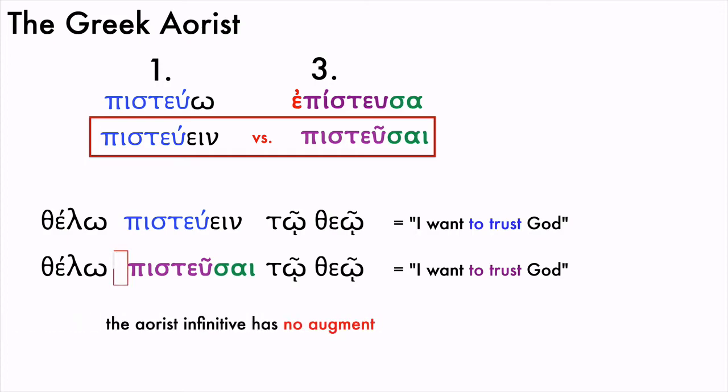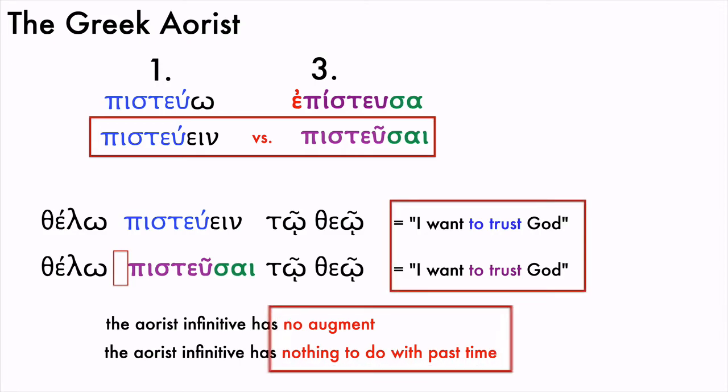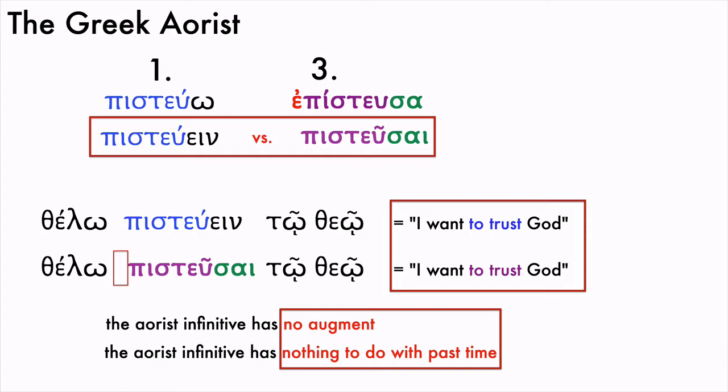And the reason for this is that the aorist infinitive has no augment. We already established that. But here's the important point. What the aorist lacks is the augment, called the temporal augment because it has to do with tempus, time. As soon as we lose that temporal augment, we lose anything to do with past time.